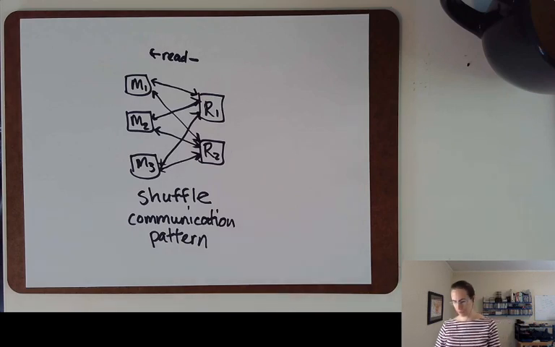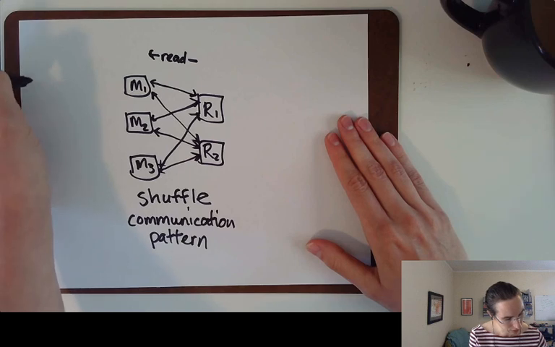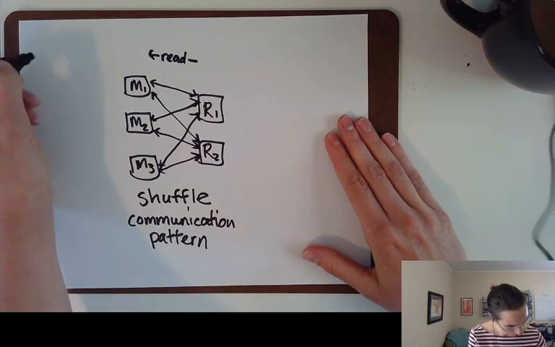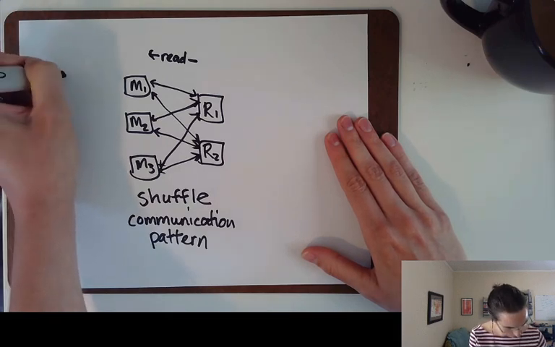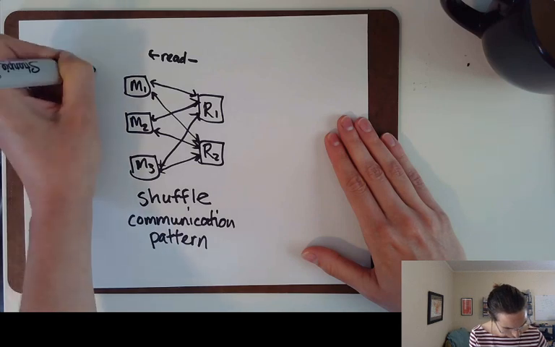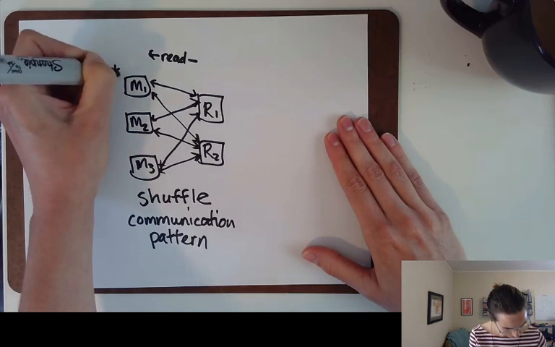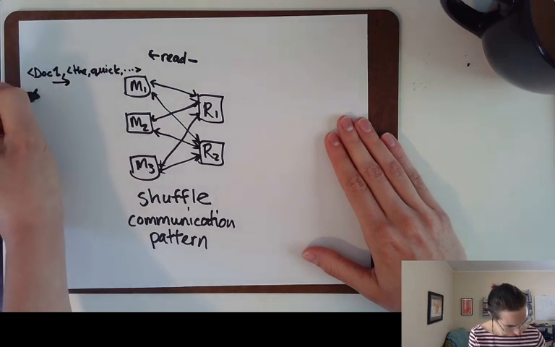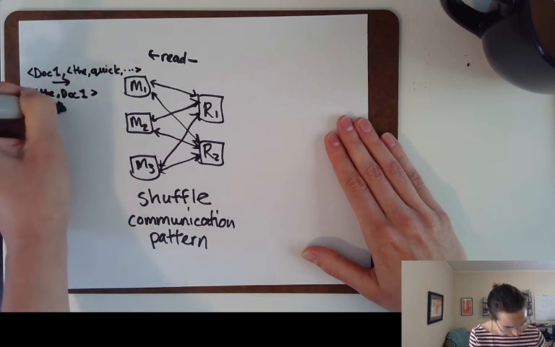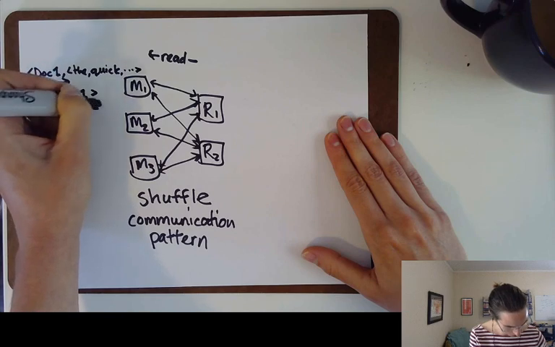So we started with M1, M2, M3 with our documents over here. So here's the local part of the computation that happened on M1, for example. So that turned into this.